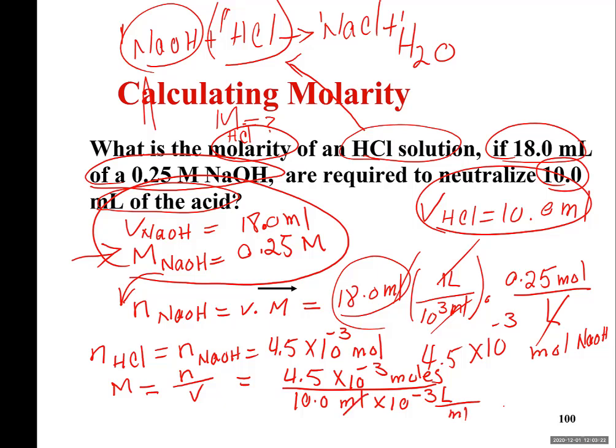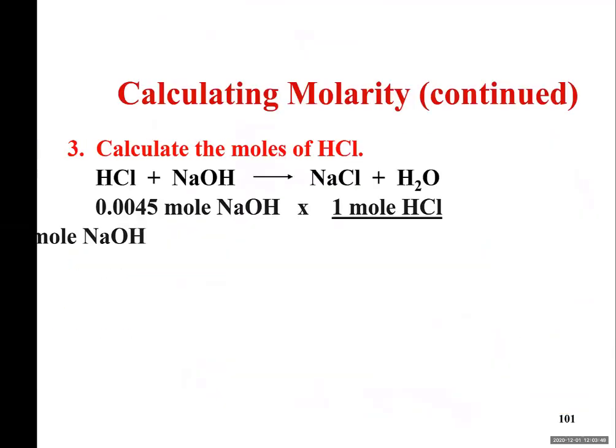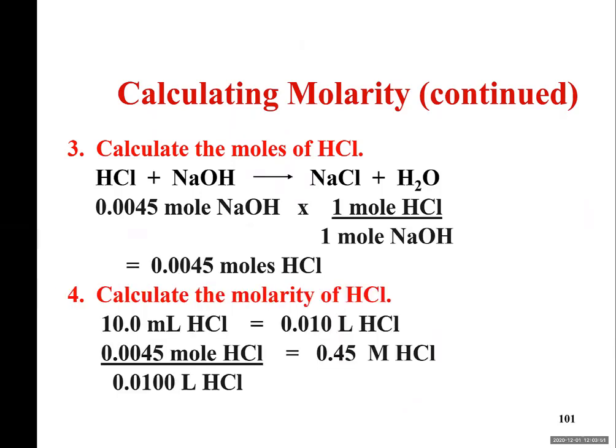So mL and mL will cancel. 10 to minus 3 with 10 to minus 3 would be canceled. 4.5 divided by 10 is 0.45. On the top, we have moles. On the bottom, we have liters, so moles per liter. Let's see if we got it right. And then I'll let you ask questions. Yeah, 0.45.